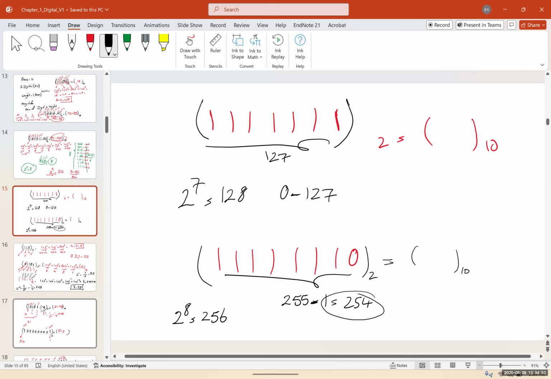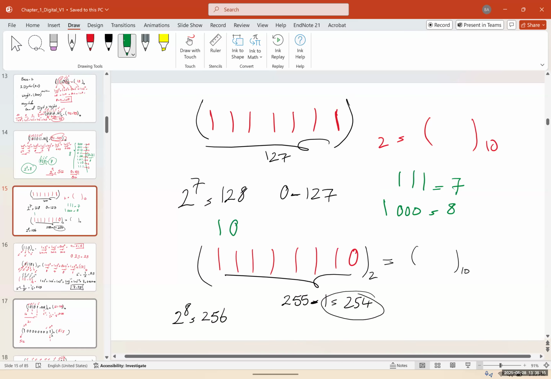Now, let me show you another trick. If I have 3 ones, what is the number? 1, 1, 1 is equal to what? 7. Okay. What if I add a 4th digit and make everything 0? What is this digit? This is 8. Okay.